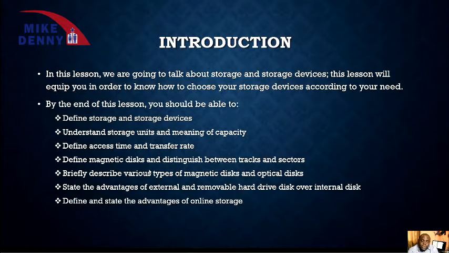Number four, define magnetic disks and distinguish between tracks and sectors. Briefly describe various types of magnetic disk and optical disks. State the advantages of external and removable hard drive disk over internal disk. Define and state the advantages of online storage. So this is basically what we're going to see and what you should be able to do by the end of this lesson.